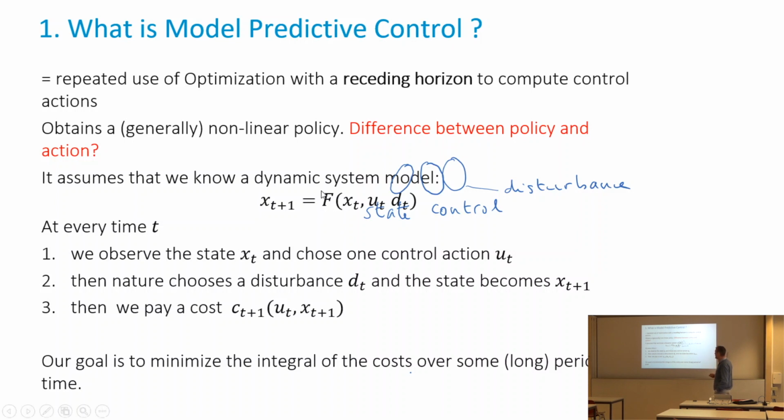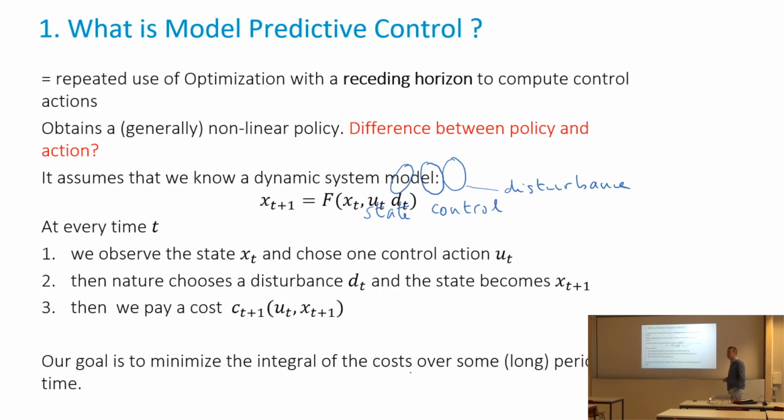That's the equation of the grid that we know from the previous modules. And then, since we talk of optimization, we pay a cost that depends on the action we took and the state we are in, and that may be time varying. The state we are in is typically playing a role in the cost because we want to bring the state somewhere.